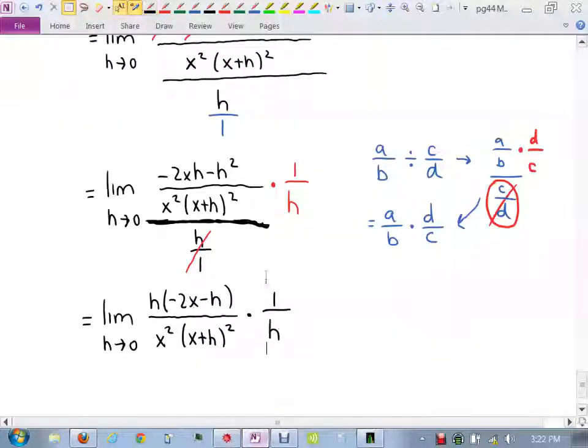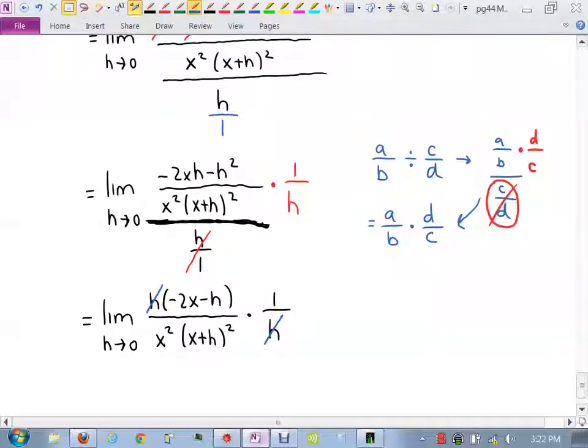So on this line, all I did was take the h out of here, bring it out front, and now I think it's clean. You can see this h and this h will cancel out. Is that clean?